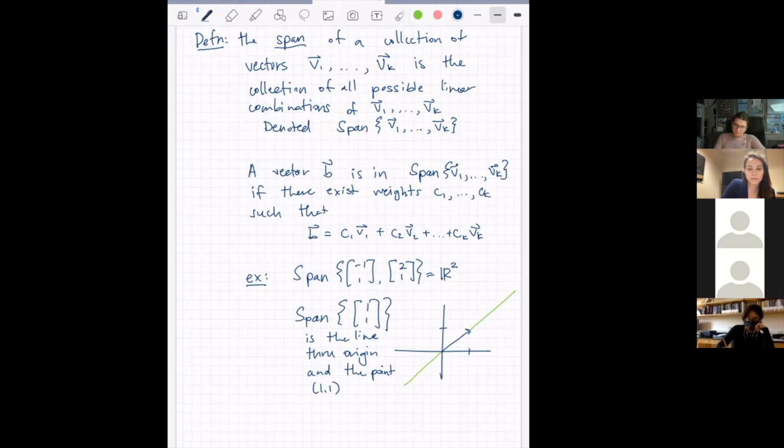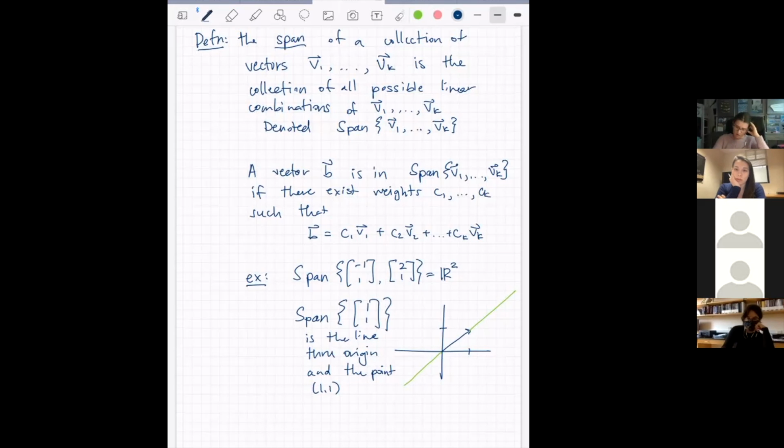Okay, so there are questions. Let's see. The span of still B are unrelated to what K is, if K is more than 1.